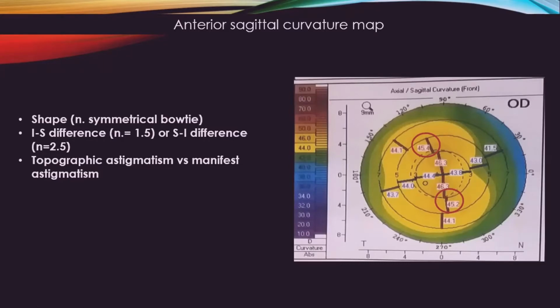We call it an inferior steepening when the difference between these 2 numbers is 1.5, or we call it a superior steepening when the upper keratometry is higher than the lower keratometry by 2.5. That's when we can call it a steepening, but we don't have to look at the color only. We again have to look at the topographic astigmatism versus the manifest astigmatism.